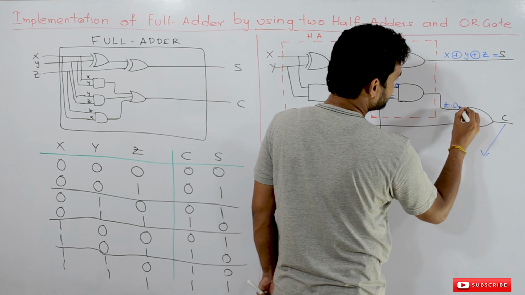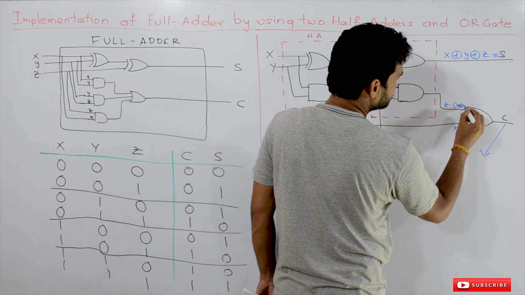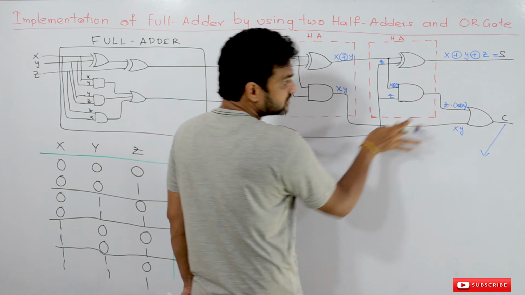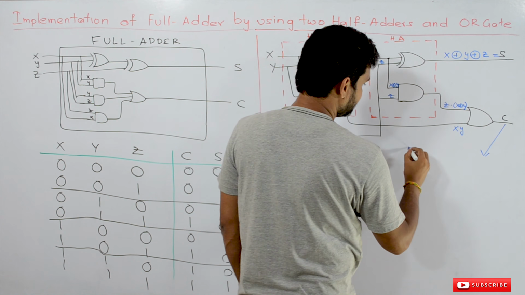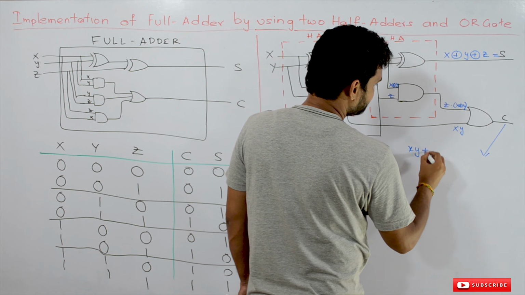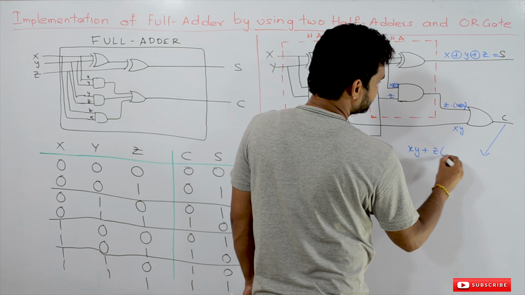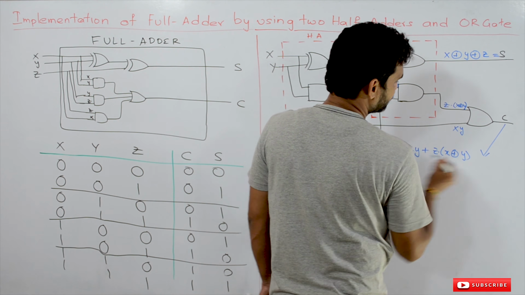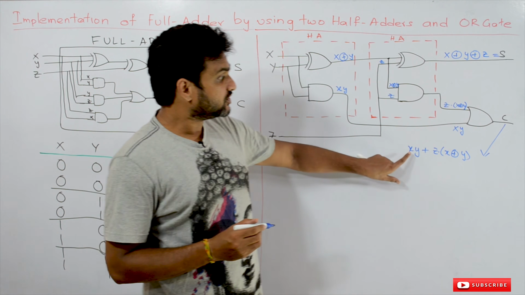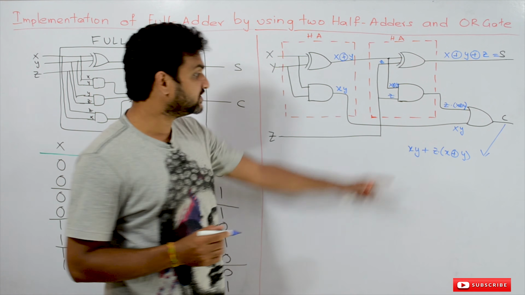The output of the OR gate is going to be XY plus Z dot X XOR Y.